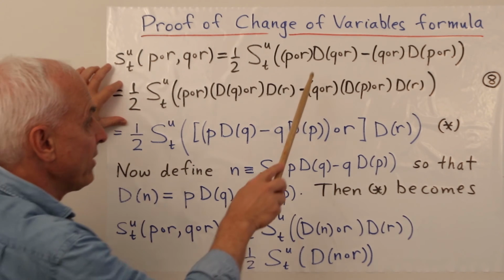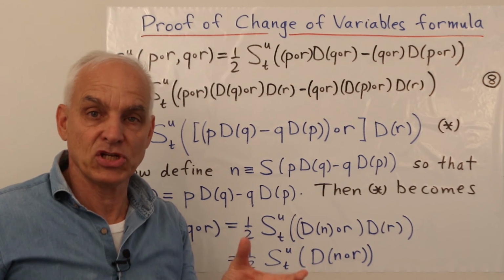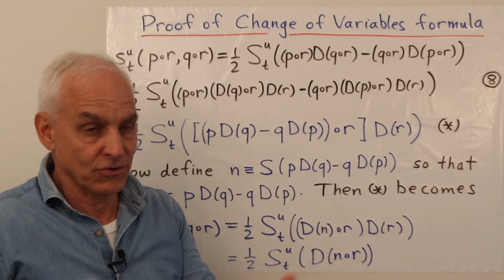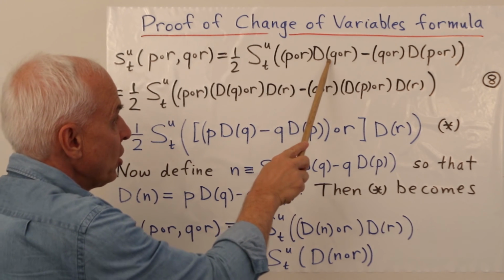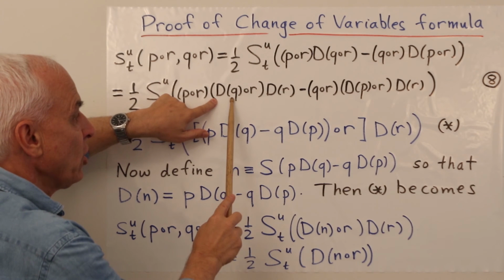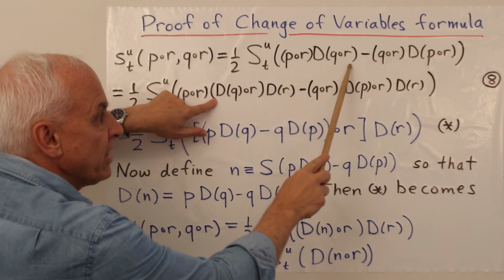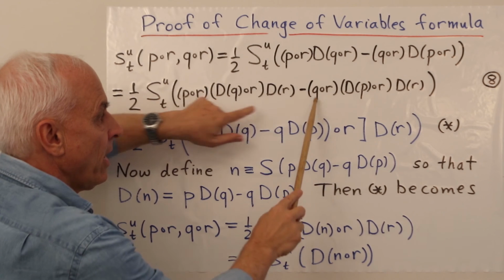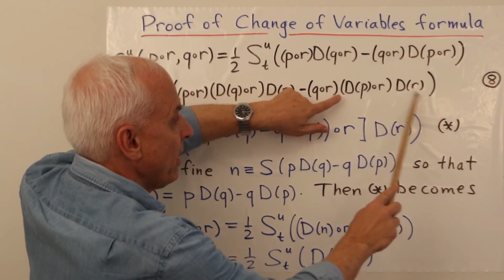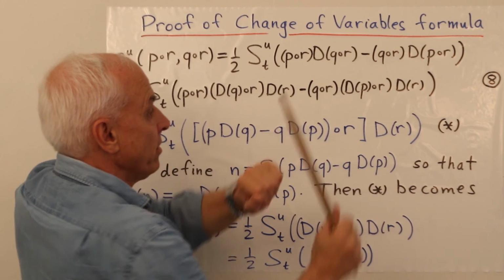Now we're going to rewrite this because involved here are derivatives of compositions, and the chain rule tells us how to evaluate those derivatives. So instead of d of q circle r, we now have d of q circle r times dr. That's what the chain rule tells us this is equal to. And over here, d of p circle r is replaced with d of p circle r times dr.